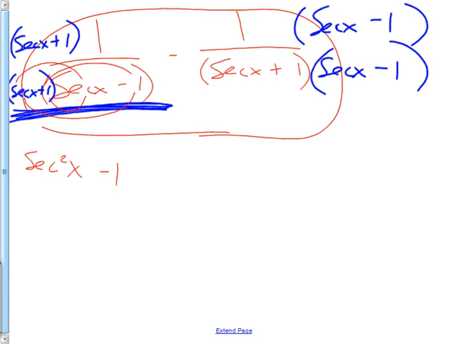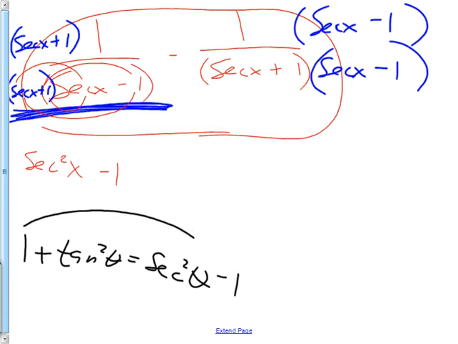Is secant squared x minus 1 anything? Oh, it is. What's the little saying we know about this? 1 with the tan is what we seek. So you should write those down for yourself to remember what they are. If I move the 1 over to the other side, it'll be the same exact saying except rearranged: tangent squared is equal to secant squared minus 1.